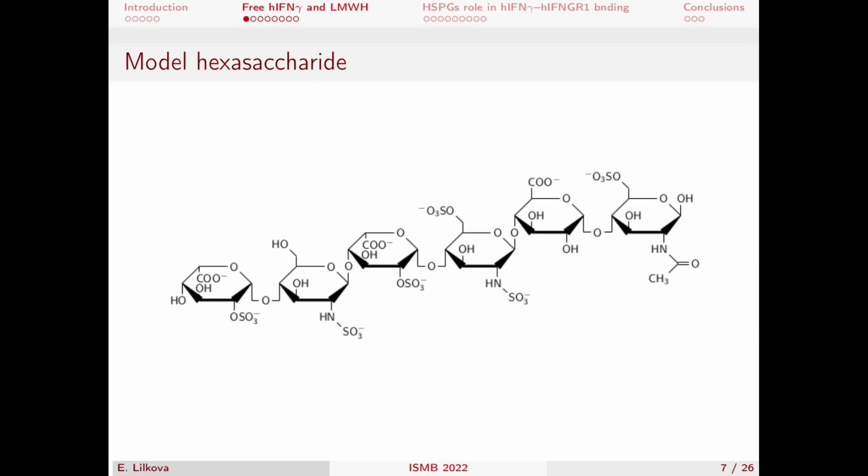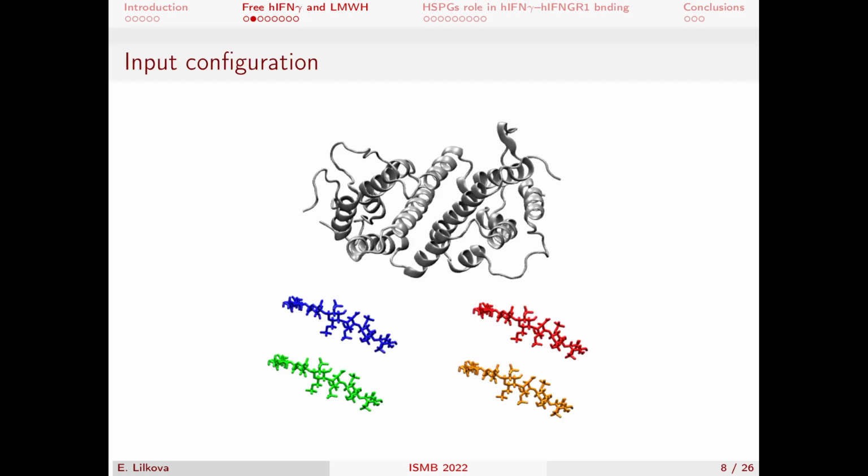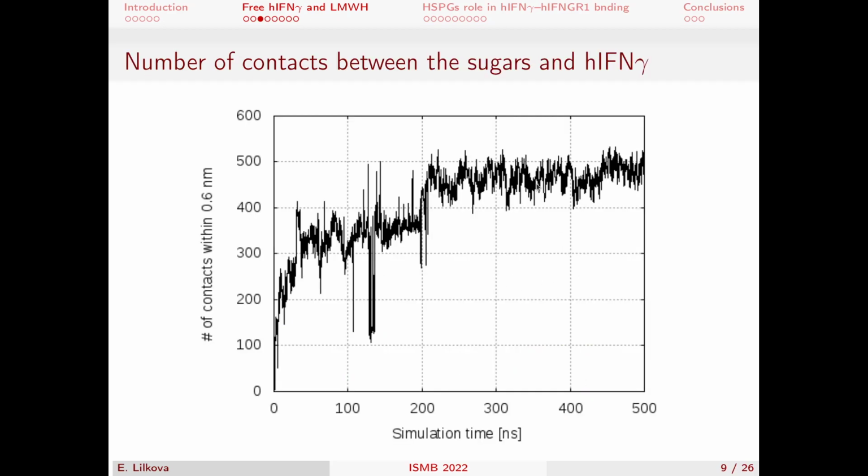In the first study, we used this hexasaccharide as a model structure for low molecular weight heparin. We placed 4 such chains in the vicinity of the C-terminus of human interferon gamma, and we found out that they all very quickly bind to the human interferon gamma molecule, and in about 200 nanoseconds all 4 chains are bound to the cytokine.